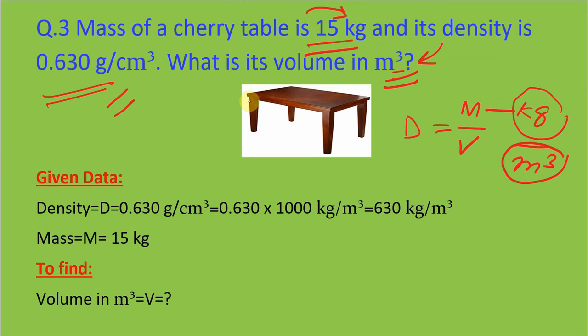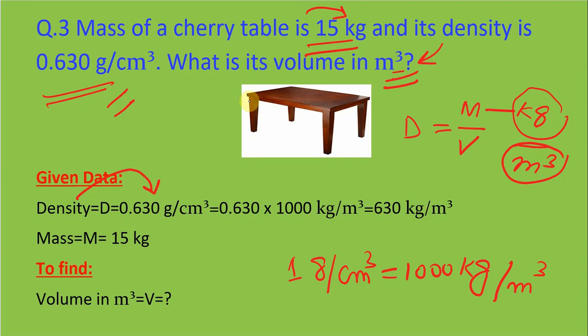So let's see. Here, given density is 0.630 gram per centimeter cube, and we know 1 gram per centimeter cube is equal to 1000 kilogram per meter cube.